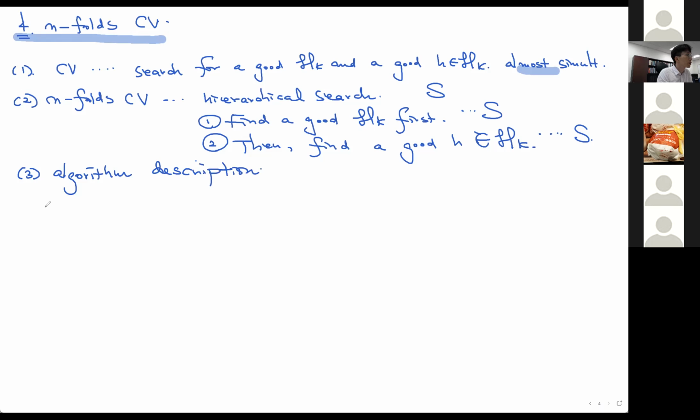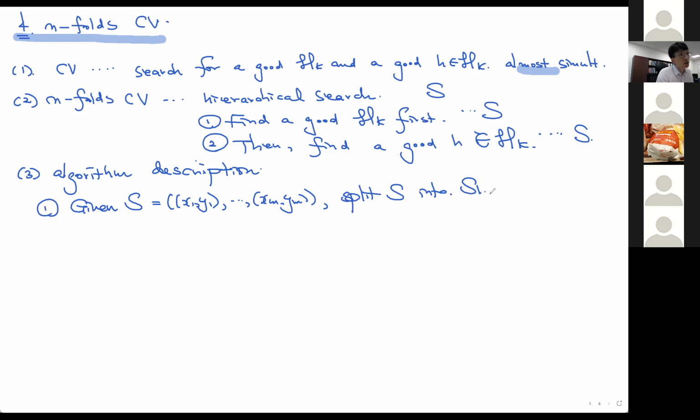So the first step: given the sample, which consists of x1, y1 to xm, ym, we split S into S1, S2, up to Sn. These are called folds. Each of them is called a fold. It's called n folds.